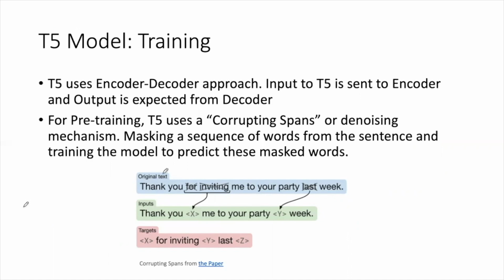Given a sentence, we replace a span of tokens with certain markers like X, Y, etc. This is what is provided to the encoder. And what we try to predict in the decoder is the words that are missing, and other words need to be left as blanks. So that's what we do in the decoder.